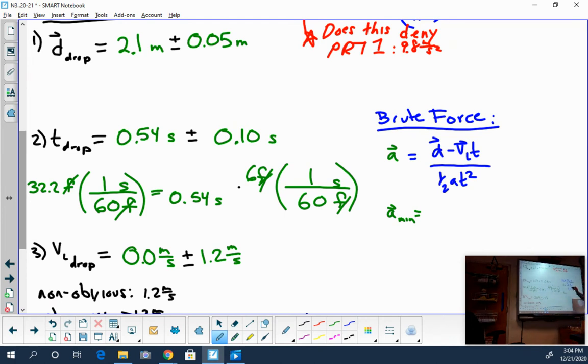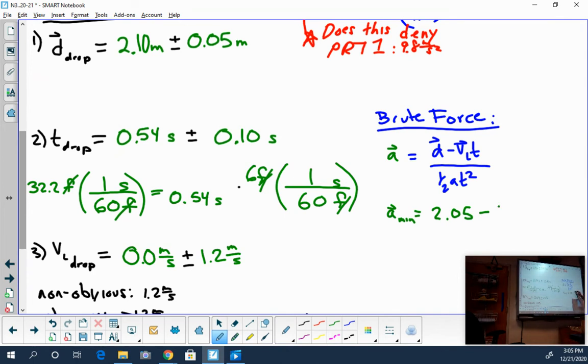So minimally, you want the numerator to be small. So you take your smallest possible displacement, which would be 2.1 minus 0.05. Let's put another sig fig on this, otherwise subtracting doesn't really make sense. So you would have 2.05 minus, now you want VIT to be as big as possible.